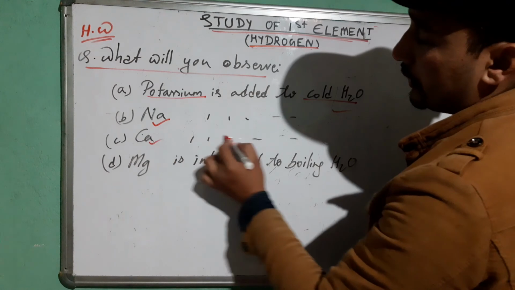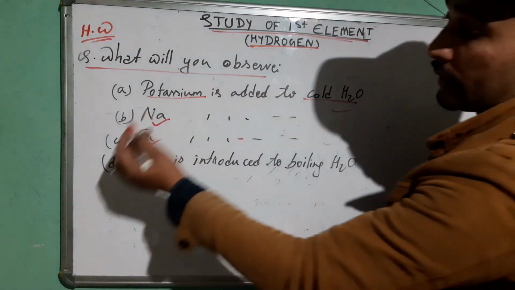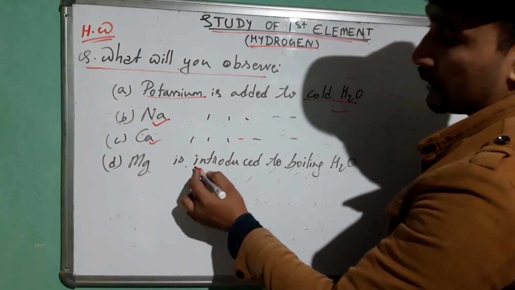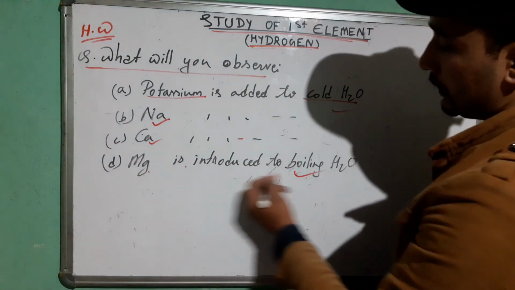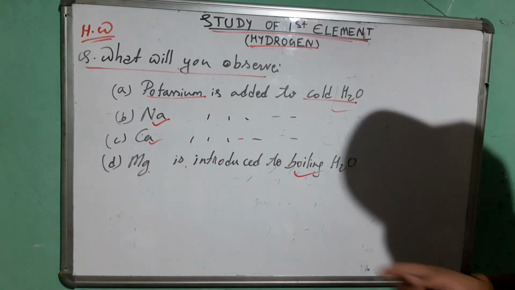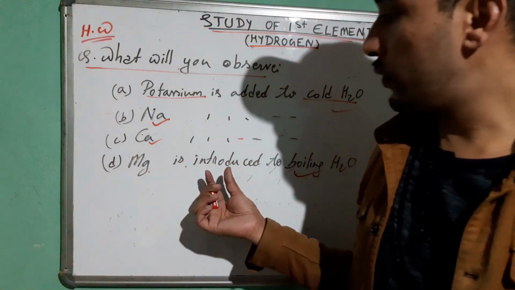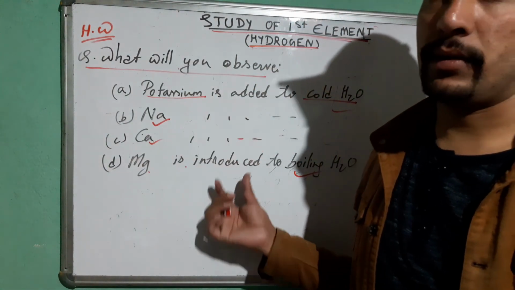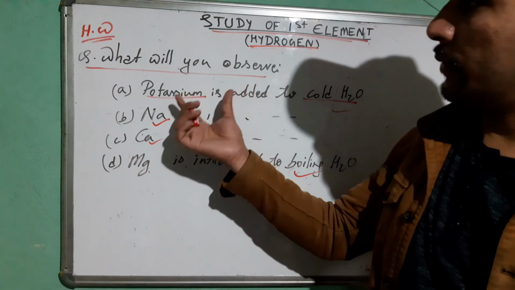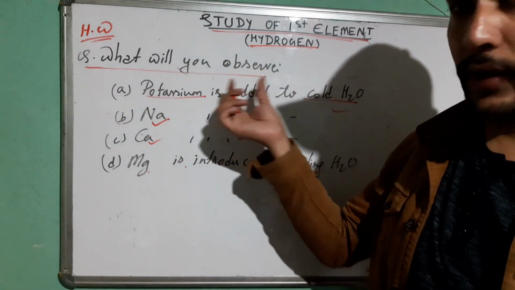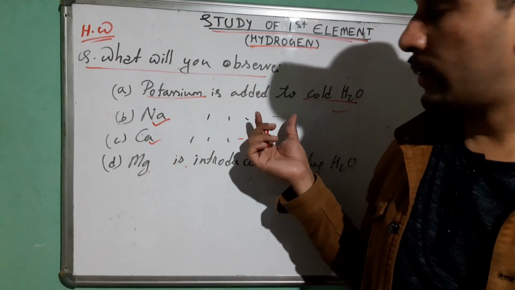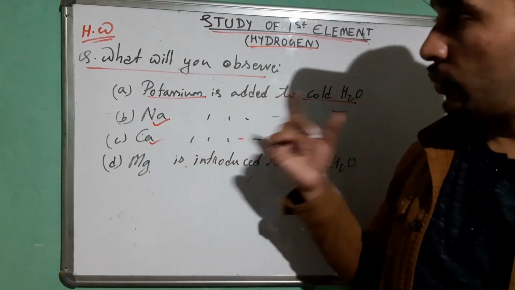Next, when you add calcium to cold water. And fourth, when you introduce magnesium to boiling water. You refer to your book and find the answers. It is there in the section on preparation of hydrogen gas from metals.